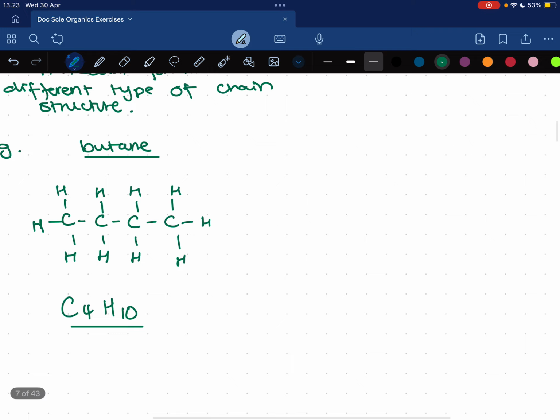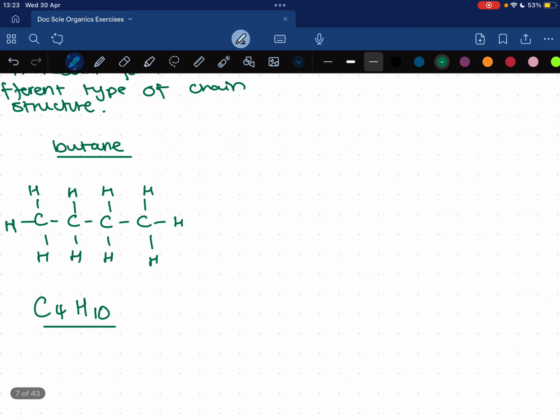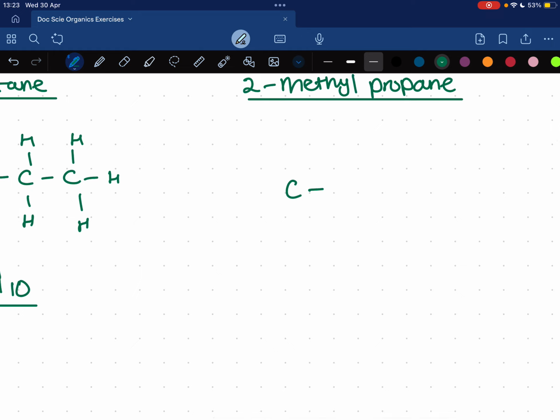But if I were to create a side chain, I would have methylpropane, and to be more accurate, 2-methylpropane. So it will be propane and then a methyl group on that second carbon.